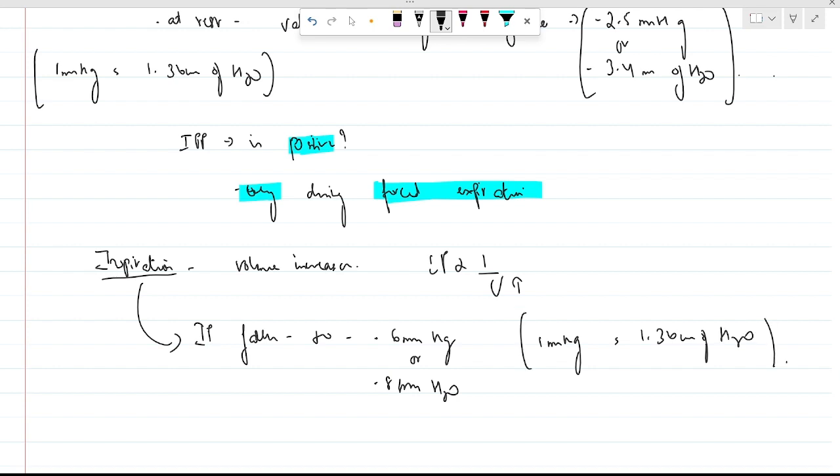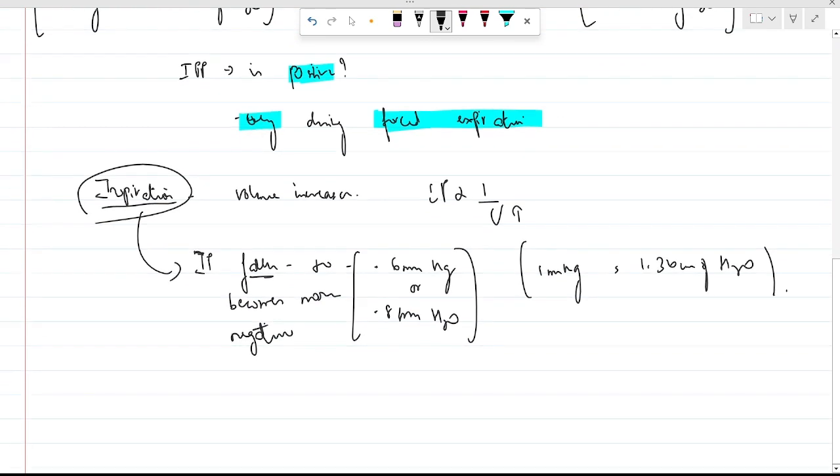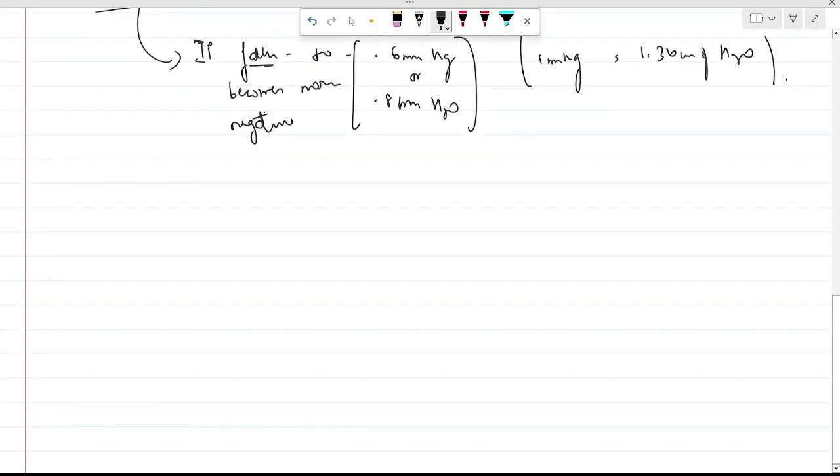Very important here: intrapleural pressure falls in inspiration, it becomes more negative.